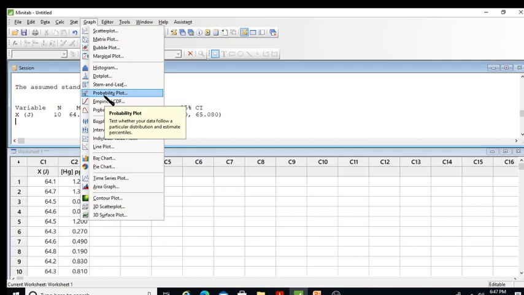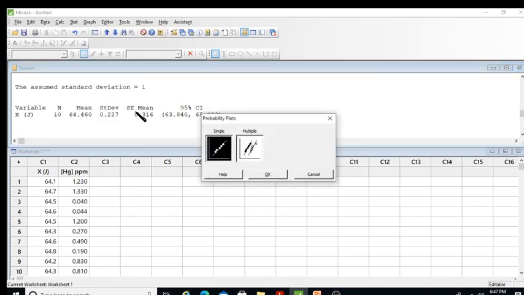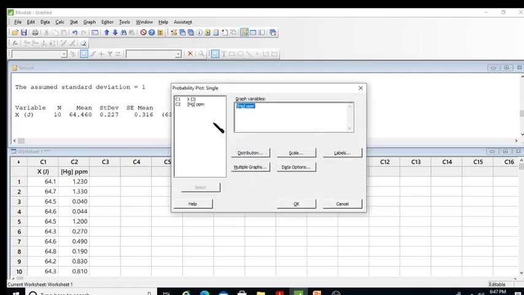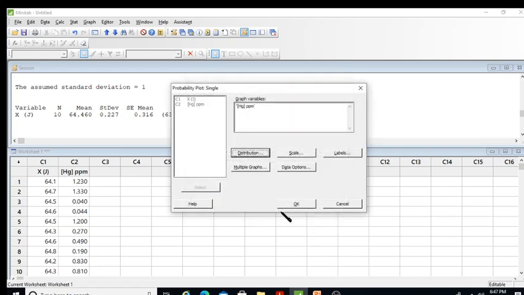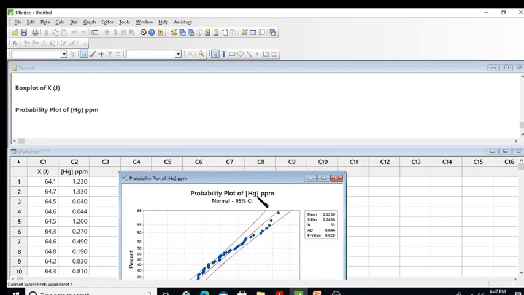This is actually a plot to test whether your data follow a particular distribution or not. So for example, if I click on that, I have a single data column, let's say the concentration of mercury. I have selected the concentration of mercury here, and I'm testing whether it is normal or not, with unknown mean and standard deviation. So just go on that, and I will be able to come up with a plot.